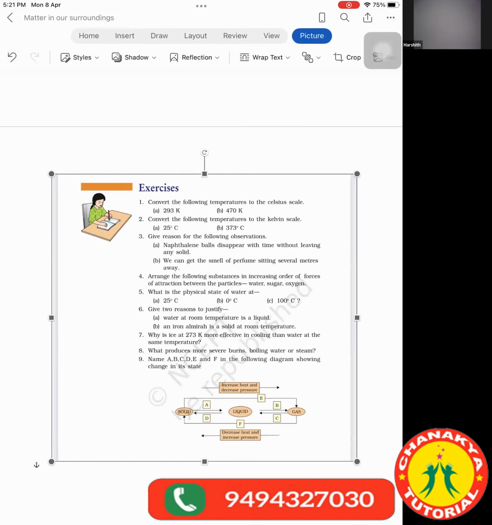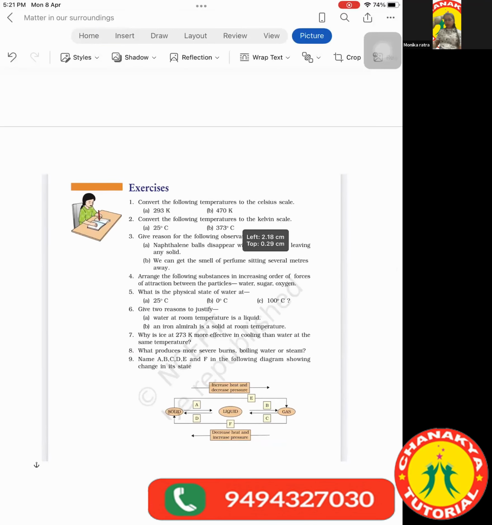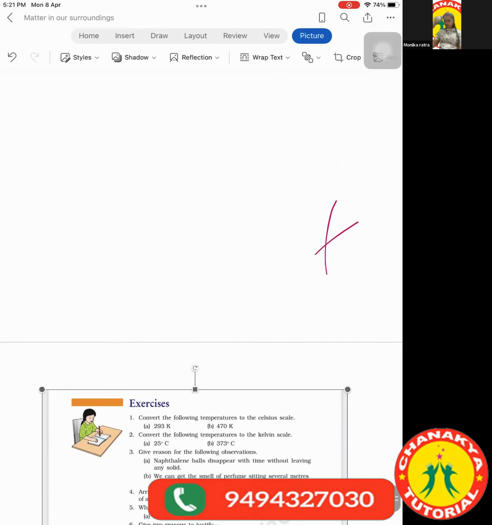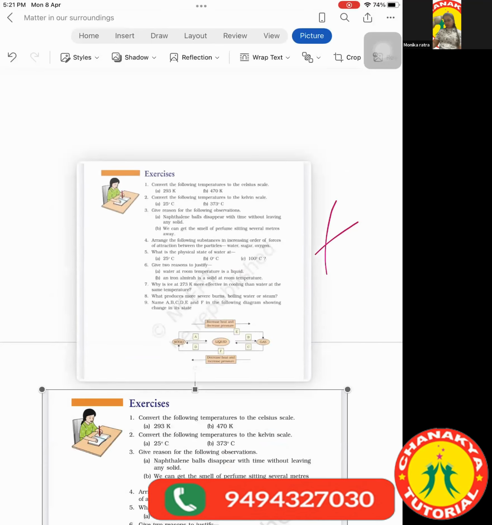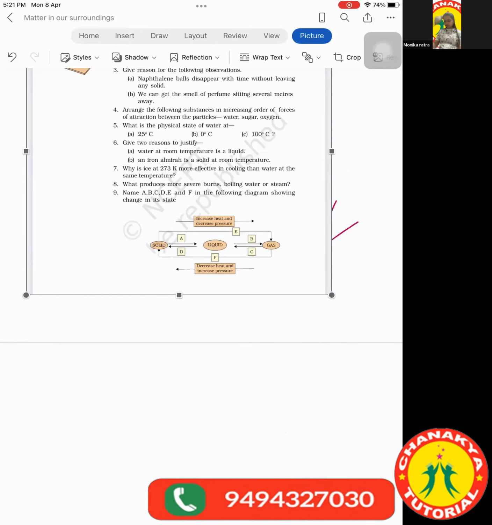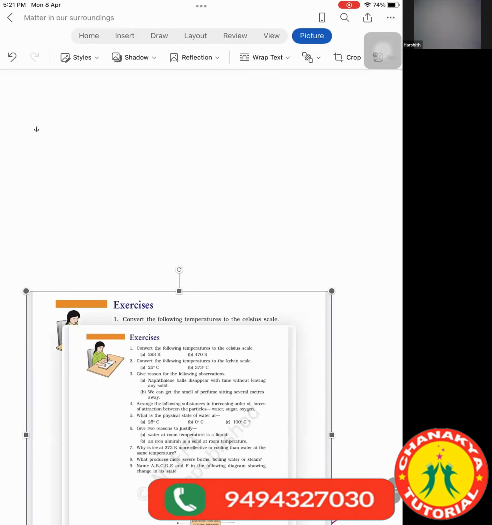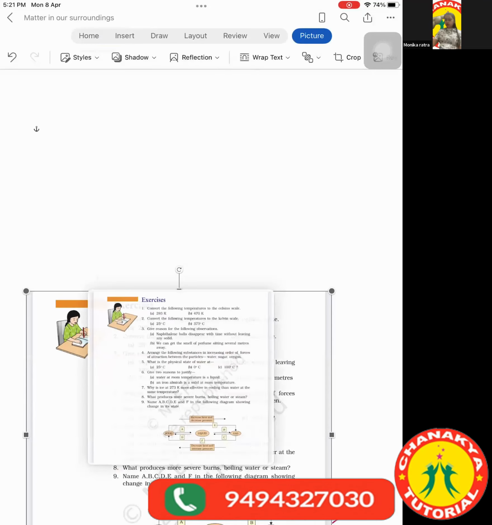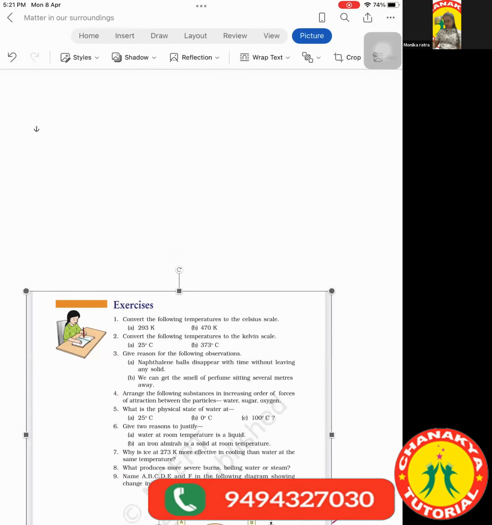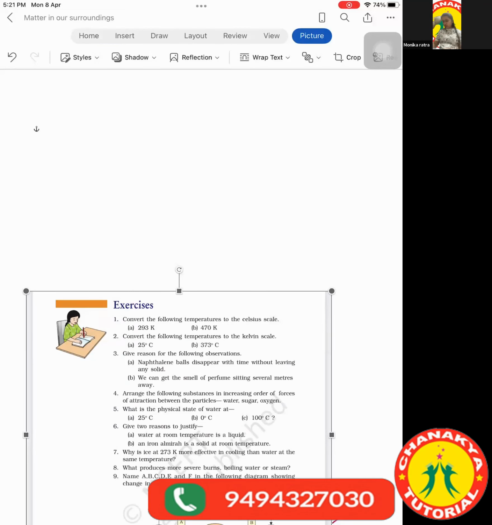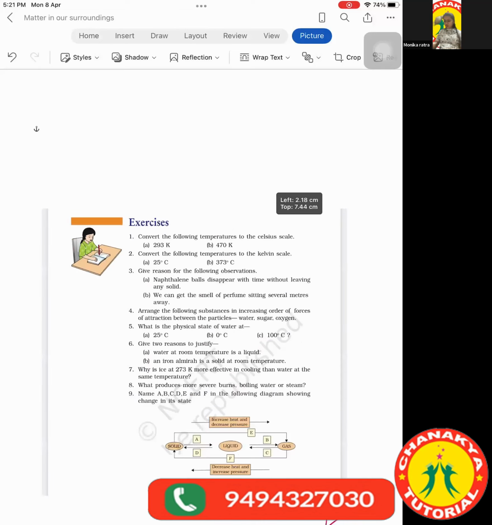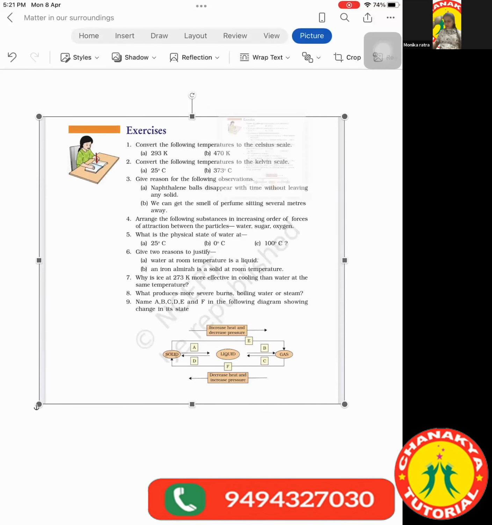Ma'am, we can add it to 273. We will add 273. Or we will subtract 273 to convert Kelvin into Celsius.